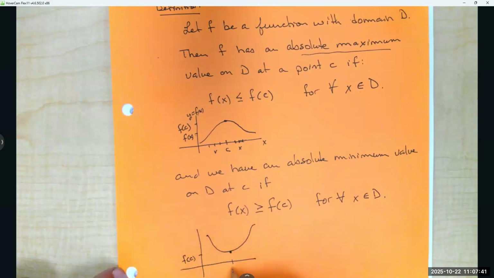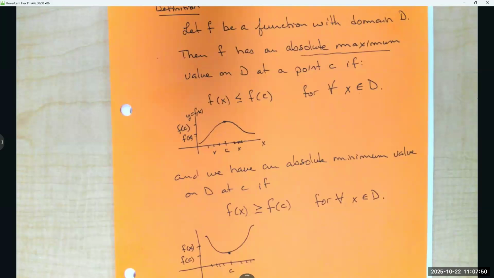Here we have f of c. That means all of our x values on both sides are above f of c, or greater than f of c. So far, so good.